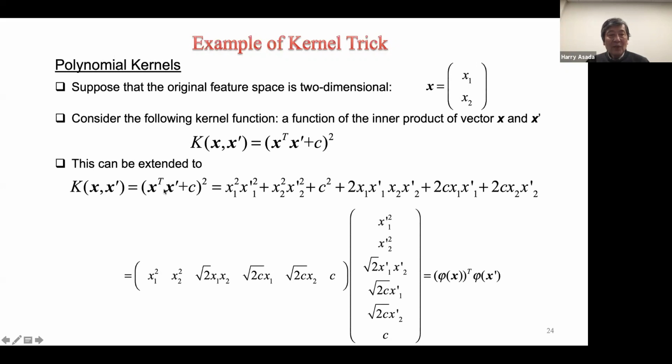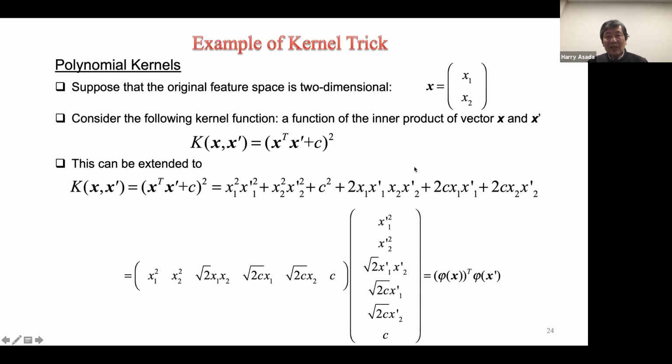So let's expand that. The first term gives x1 square, x1 prime square, the second term x2 square, x2 prime square, then c square comes out this way, and then the cross term 2 times x1 x1 prime x2 x2 prime, and the other terms.